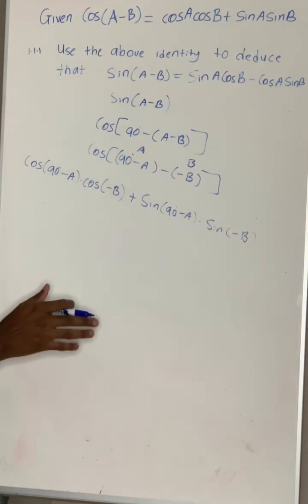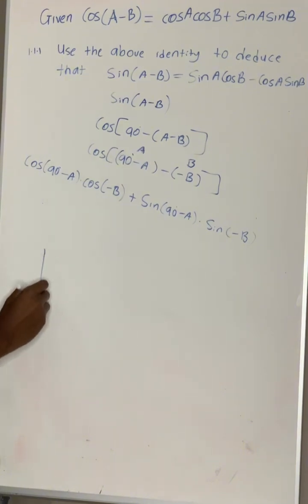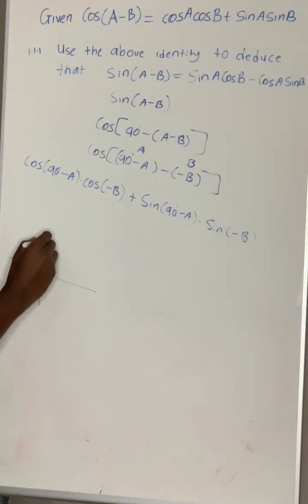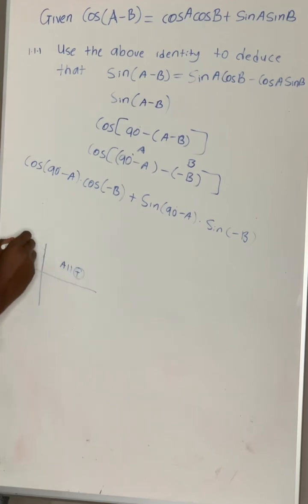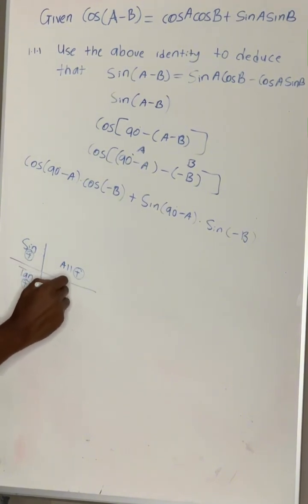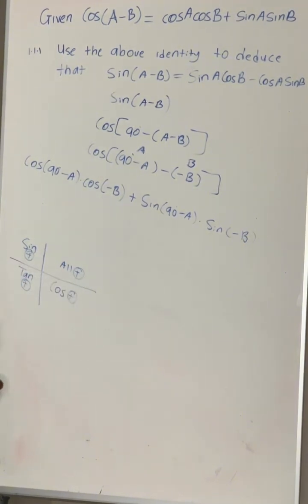You don't need to write this down when answering the question, it's just for explanation. So we have all trig ratios positive in the first quadrant, sine is positive in the second quadrant, tan is positive in the third quadrant, and cos is positive in the fourth quadrant.